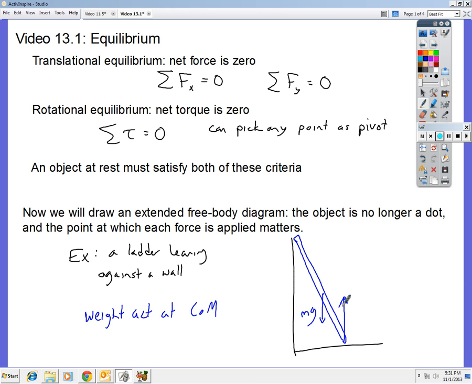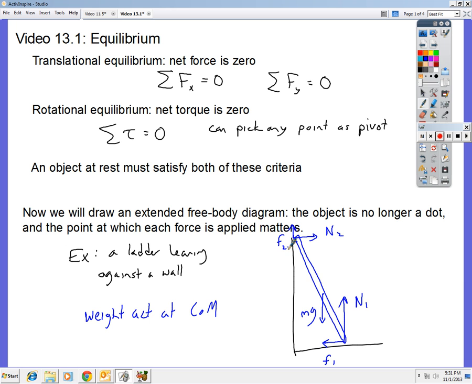We've got a normal force from the floor there, I'll call that N1. We've got another normal force, N2, from the wall. We can also identify that there is a friction force, F1, from the floor, and a smaller friction force, F2, from the wall. And those are all the forces that act on the ladder.